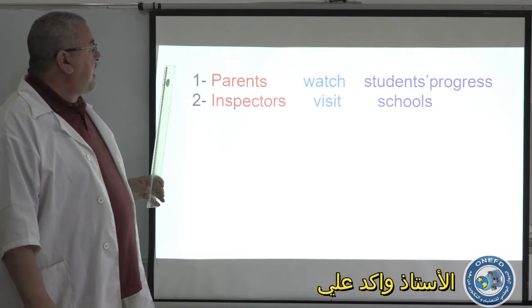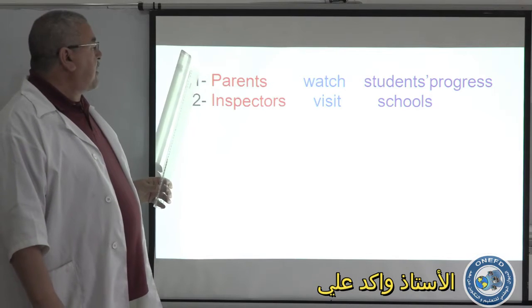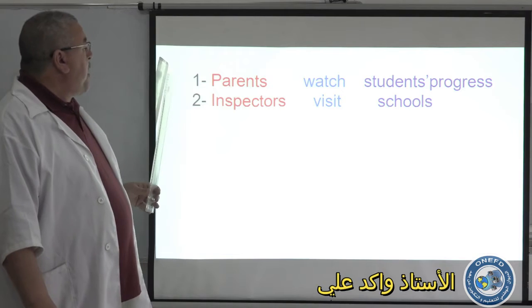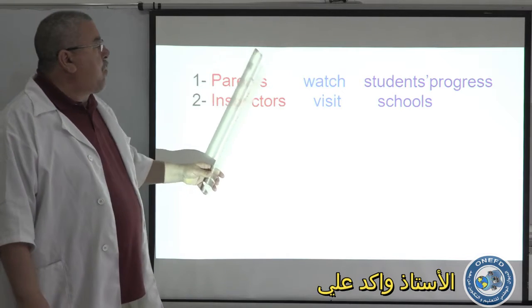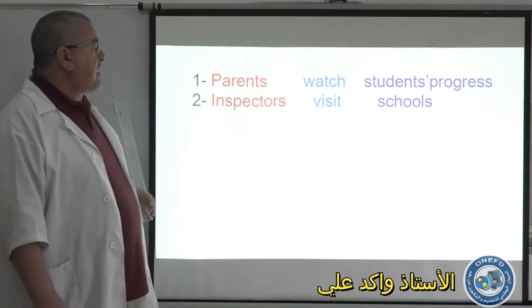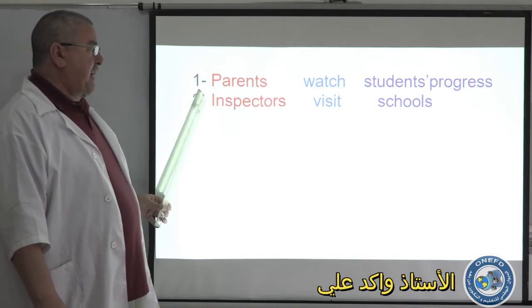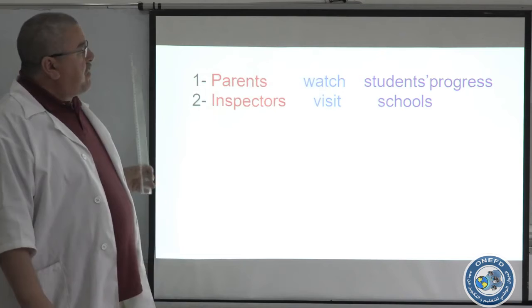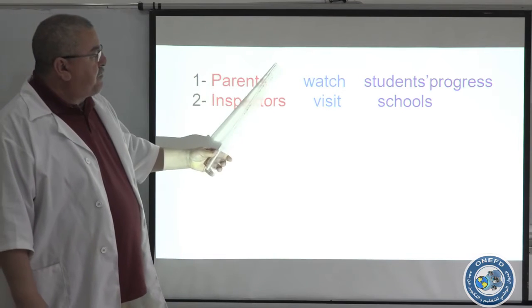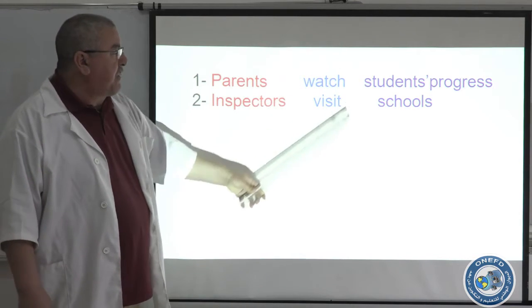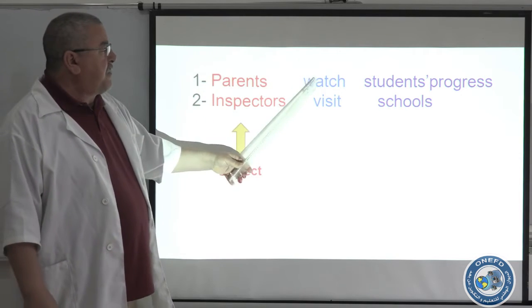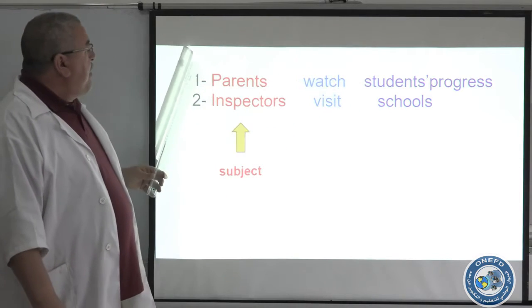Now let's look more closely at these two sentences. Parents watch students' progress, and inspectors visit schools. You notice that they are properly divided into 3 parts.